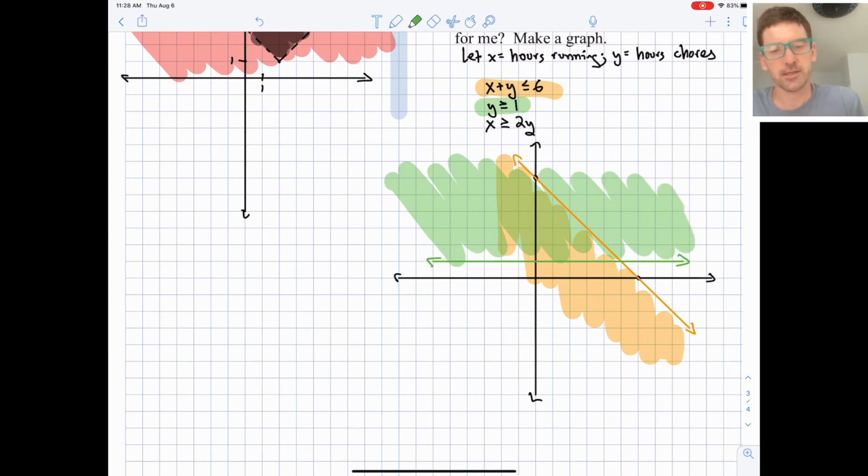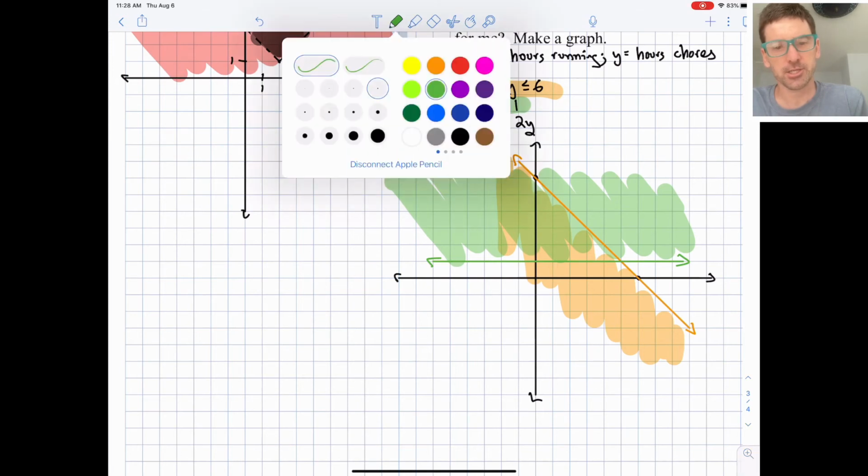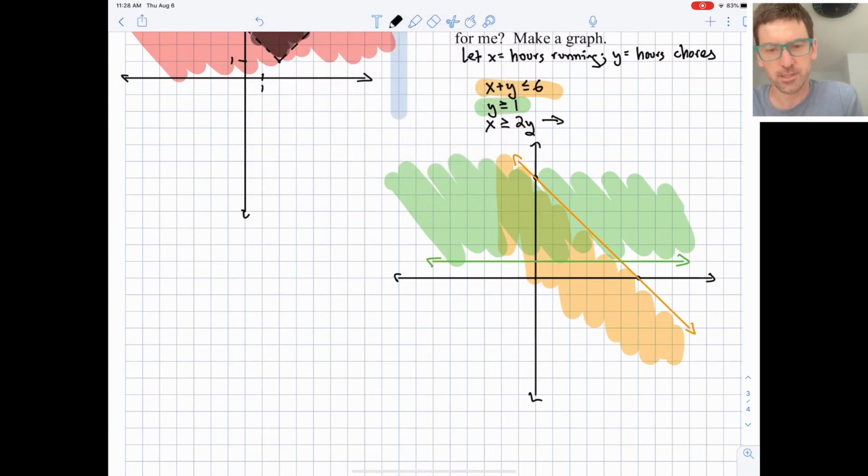And then x is greater than or equal to 2y. I'm actually going to change that into a standard form. y is less than or equal to 1/2 x. Okay, so I divided both sides by 2, and then I just flipped the whole equation around. So y is less than or equal to 1/2 x. Let's have that be in blue.